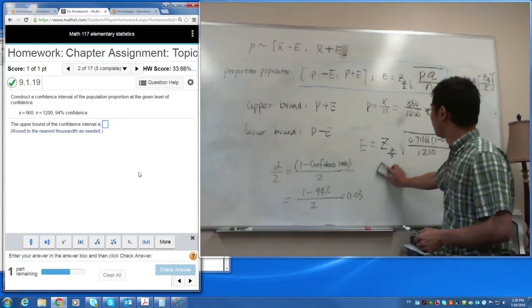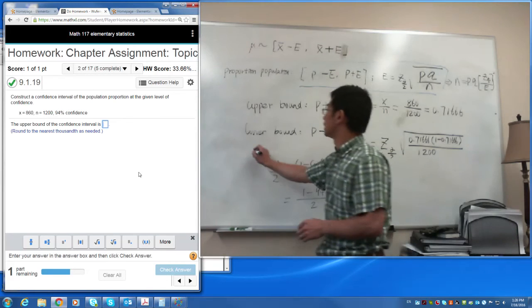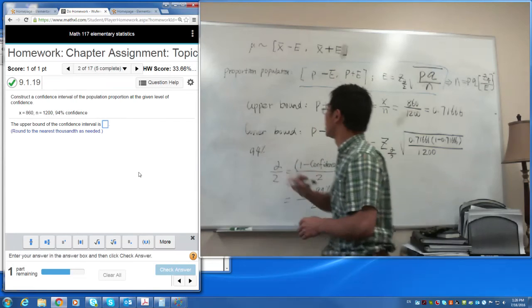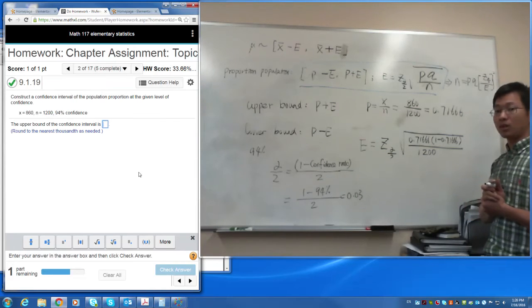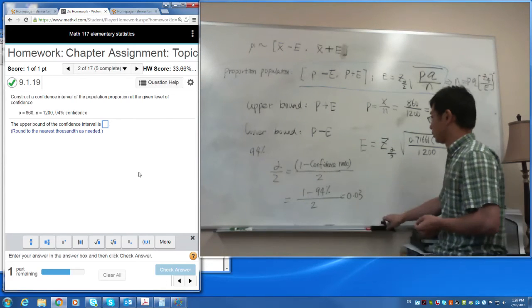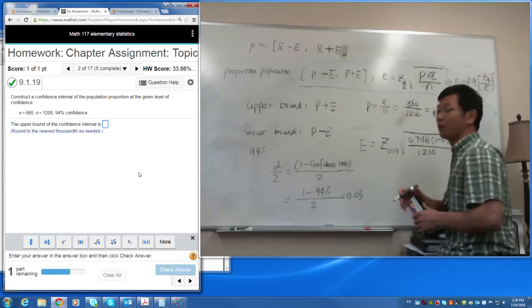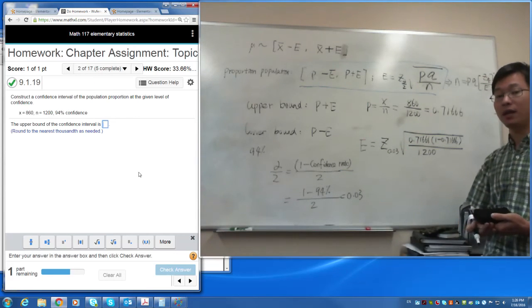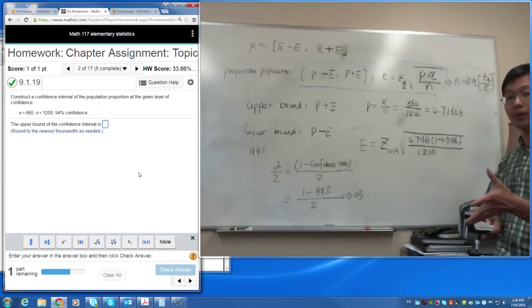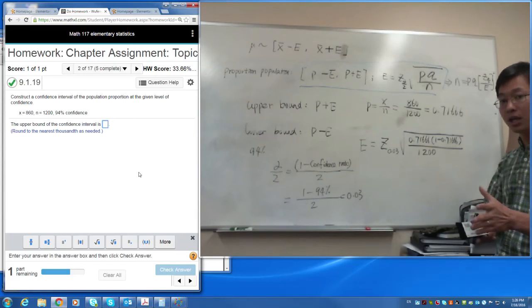Okay, so now 94% is right on here. What does Z 0.03 mean? Someone could probably say, oh, we can just find the Z 0.03 from the table, right? No, it's not.